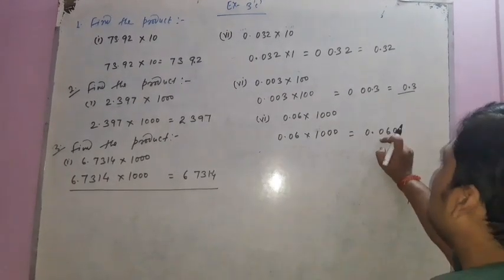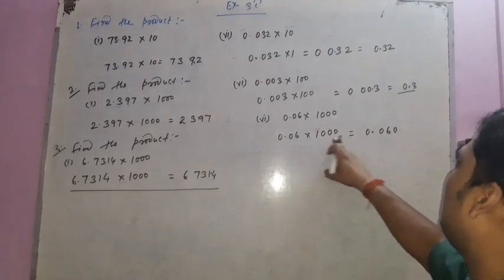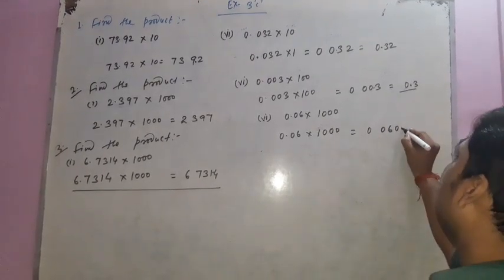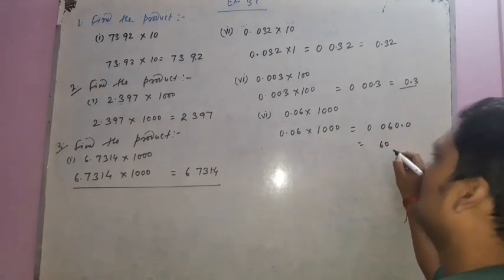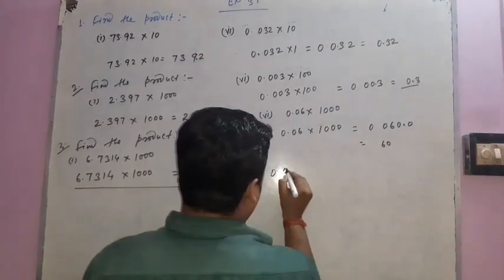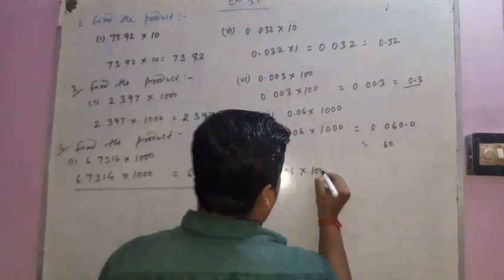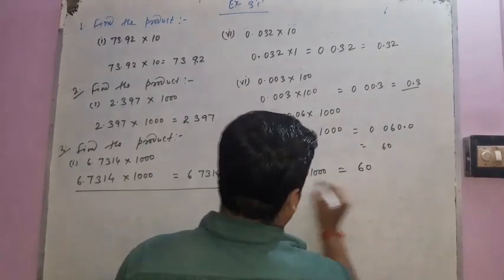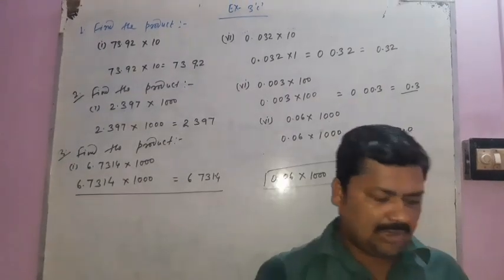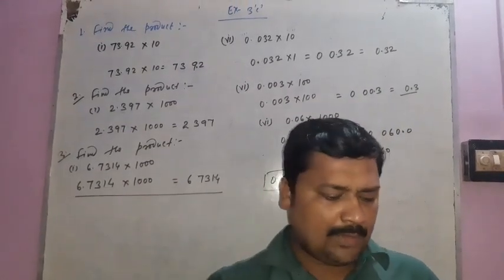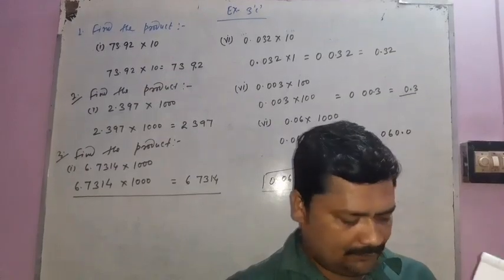Now we put the decimal after 3 digits. So the answer will be 60. When 0.06 is multiplied with 1000, the result is 60. In the same way, you have to solve the rest of question number 3. Now we will move on to question number 4.